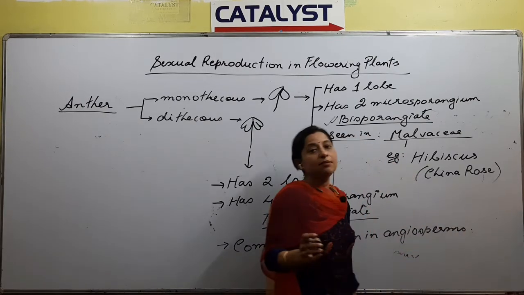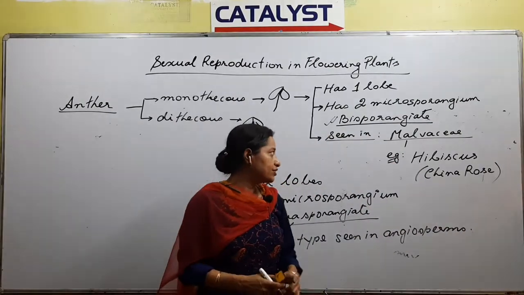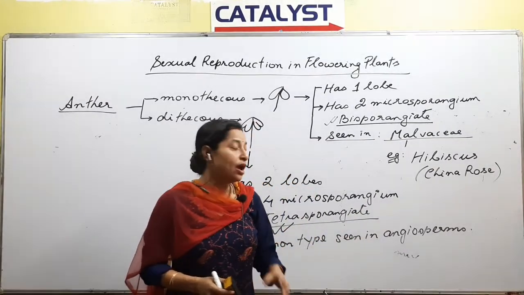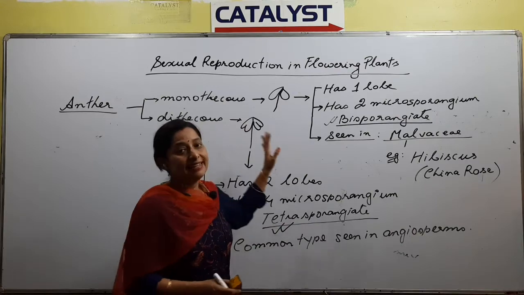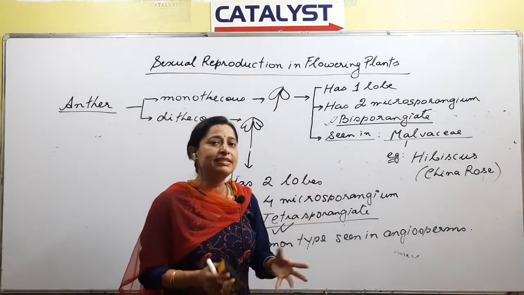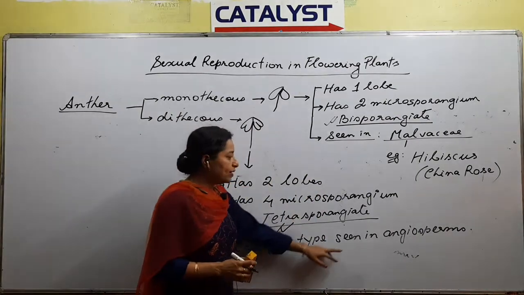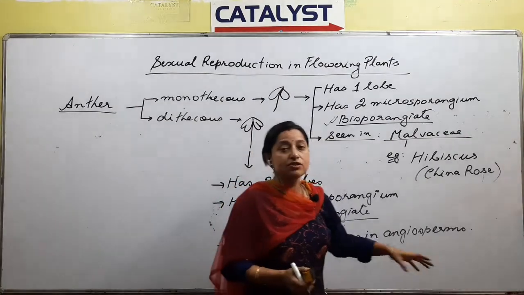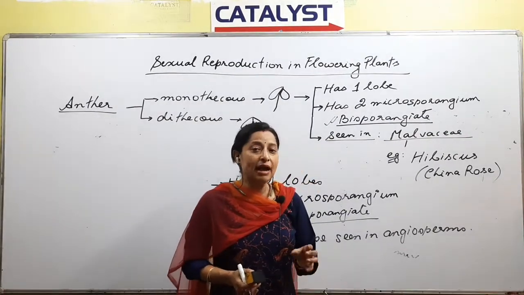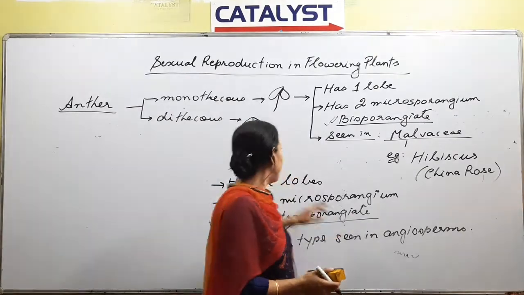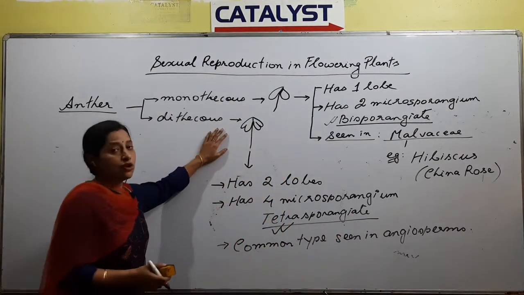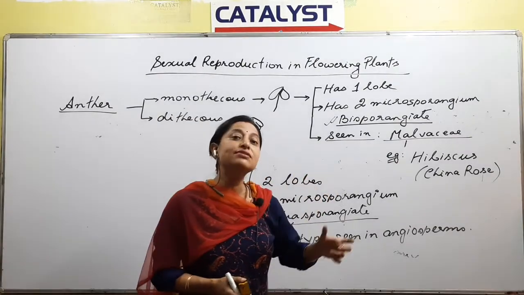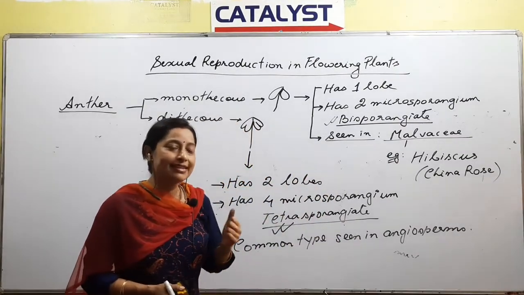So whenever we talk about the different lobes of anther, or which type of anther we will be talking about more, we will be talking about this dithecous anther, because we are talking about the flowering plants, and the flowering plants are nothing but angiosperms. In most flowering plants we always see the presence of dithecous anther. That does not mean monothecous is not there, monothecous is there, but the most common one is dithecous.